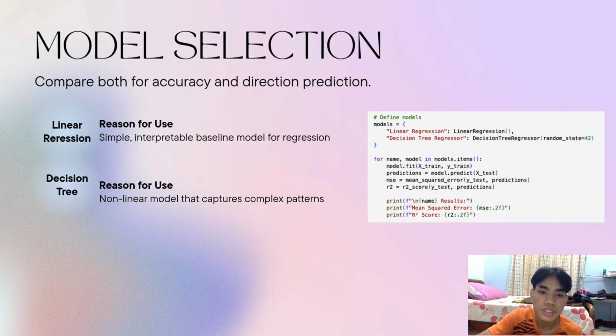The decision tree is a nonlinear model that captures complex patterns, as you can see in the coding. Both linear regression and decision tree are supervised regression models, and both are trained and evaluated on the same dataset split.